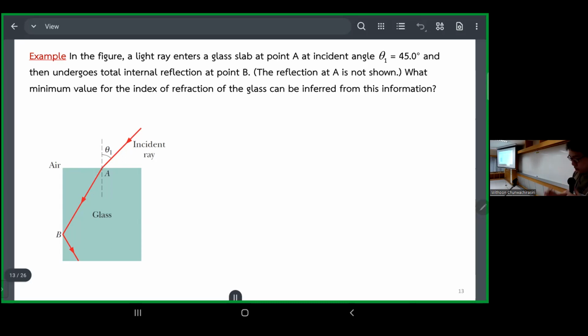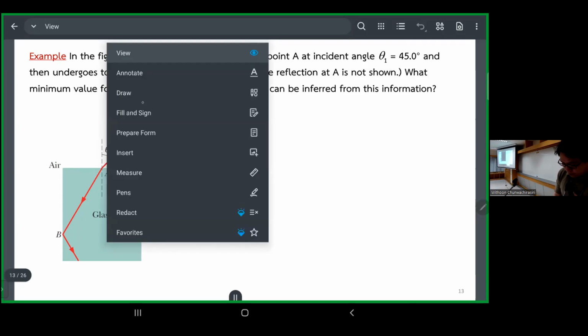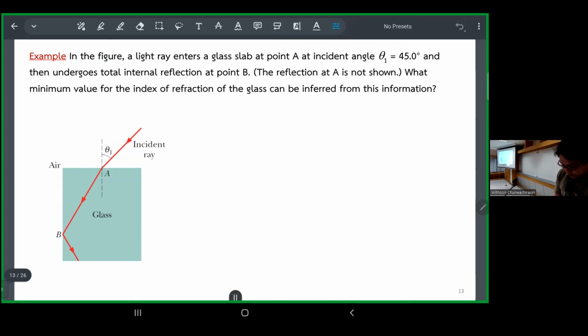Just a quick reminder. You have the refraction happening at point A. Because you want to figure out the value that is just enough, if the glass has this particular value of n, then you will be able to get total internal reflection.